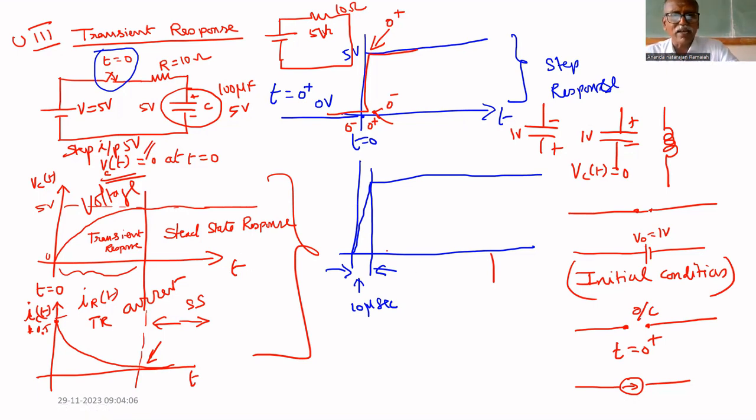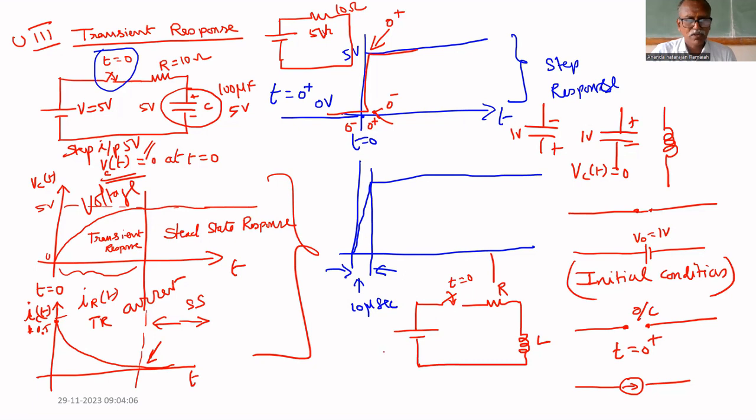Suppose you have a circuit like this. This is L, this is R. At t equal to 0, the switch is closed. 5 volt, R equal to 10 ohm, L equal to 5 henries.